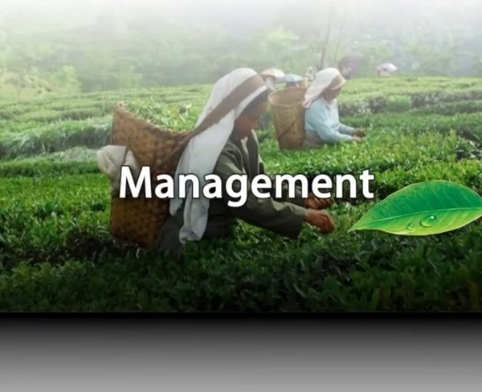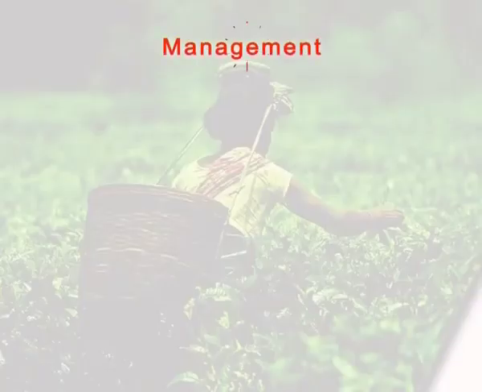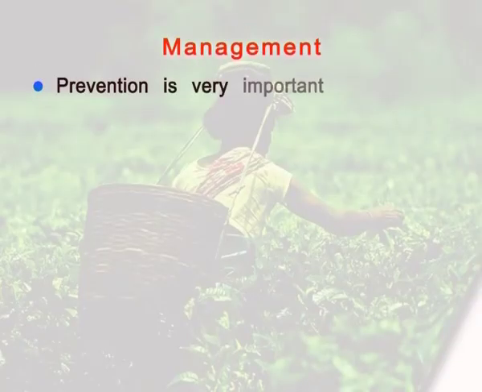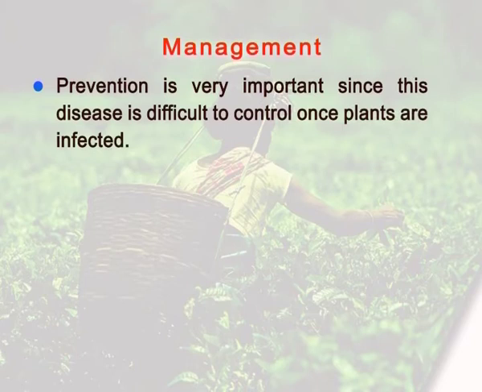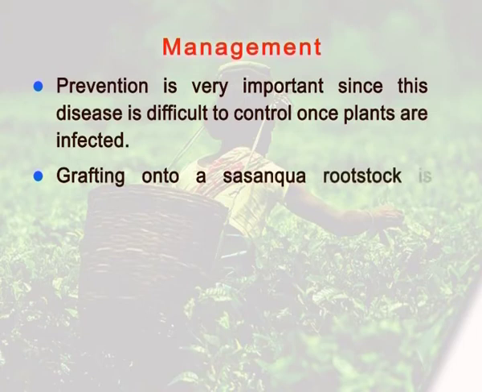Now let's see how to manage the different root diseases. Prevention is very important since these diseases are difficult to control once plants are infected. Grafting onto a Sasanqua rootstock is recommended. Procure healthy plants.